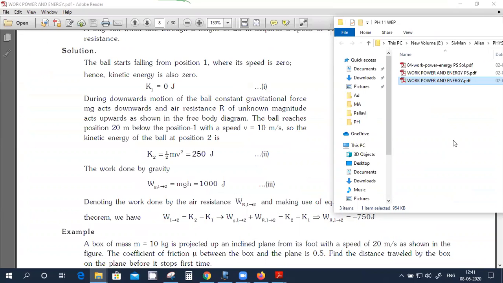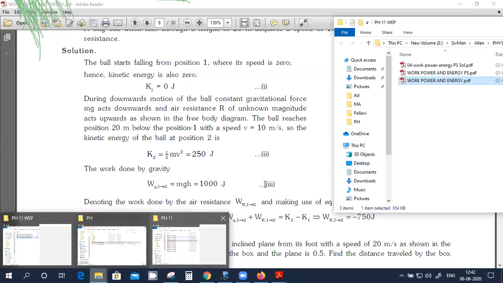Last time I did one wedge sliding on an inclined plane, and on top of the wedge there is another block which is vertically moving downwards. Any difficult problems in any of the exercises? There are difficult problems, but we had discussed them in class, so that is clear now.